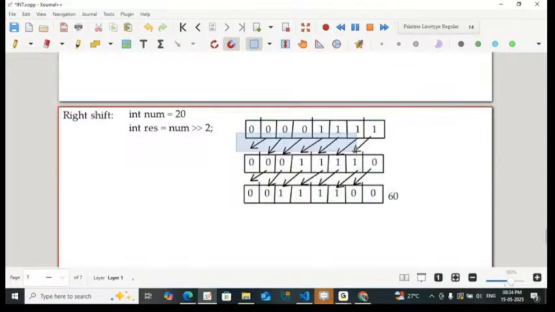This time we are performing a right shift. Whenever a right shift is performed, this is our MSB and this is the LSB.